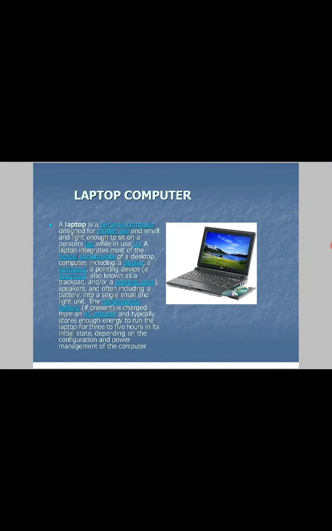Another is the laptop computer. A laptop is also a personal computer designed for mobile use, a small light computer. A laptop integrates most of the typical components like keyboard, mouse, CD drive and others.